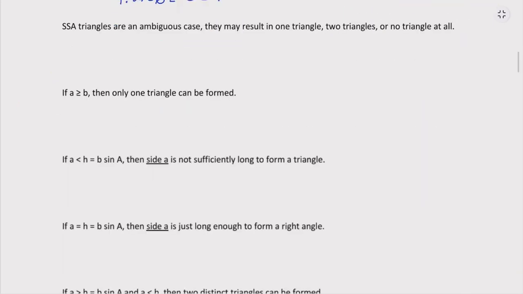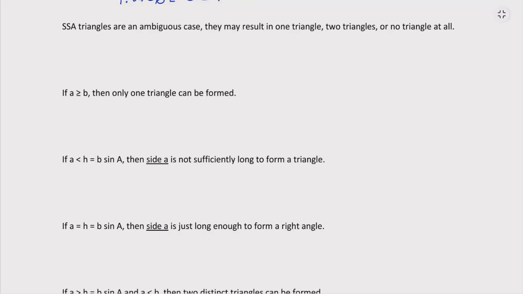When we have two sides and the not included angle, side-side angle, this creates an ambiguous case. Either it's going to result in one triangle, or there's going to be two possible triangles, depending on the information, or no triangle at all.